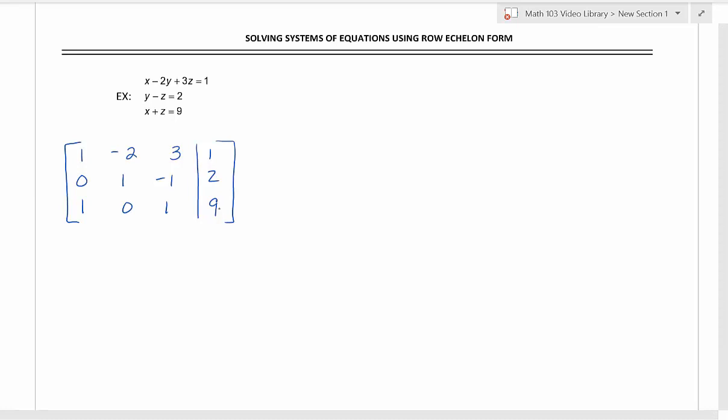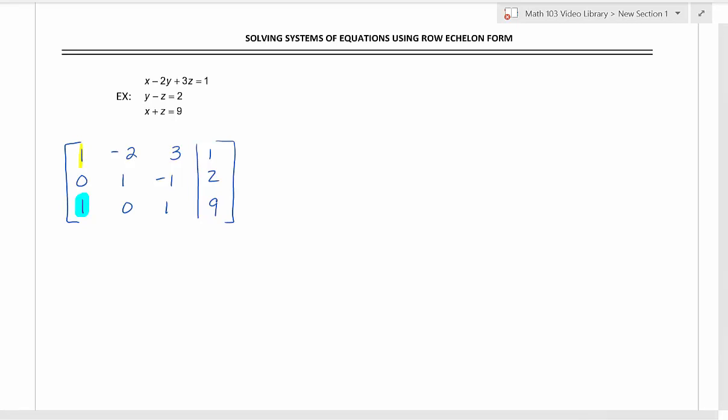All right, looks good. Following our Gaussian elimination, the first thing we want is a leading one, first row, first column, and we have that already. Next, we want to get zeros below the leading one in that first column. One of the numbers is already a 0, but here we are, third row, first column. That number needs to be turned into a 0.